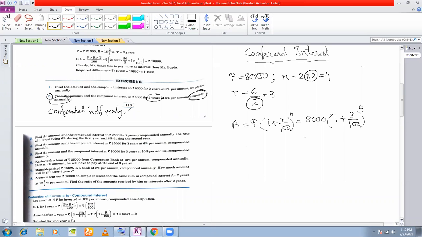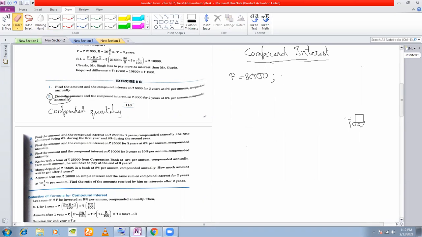Now, what if they say the interest is compounded quarterly? The principal will remain the same. If the phrase is compounded quarterly instead of half yearly, what do you mean by quarter?